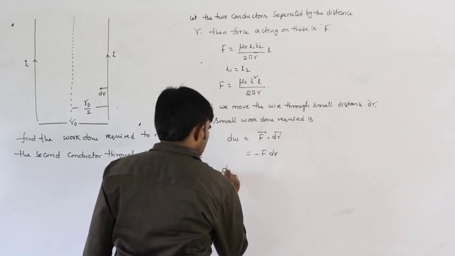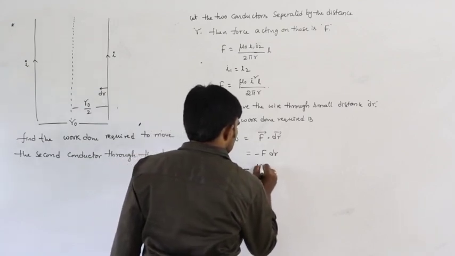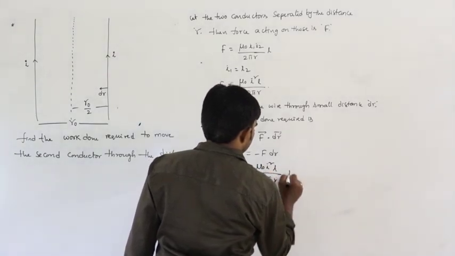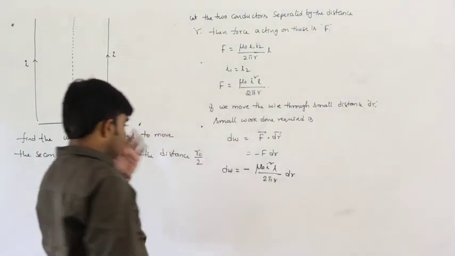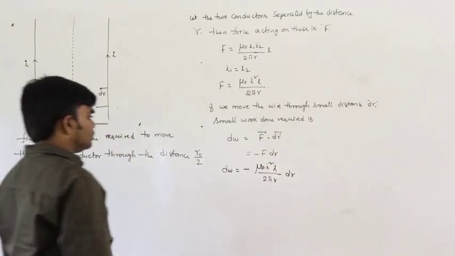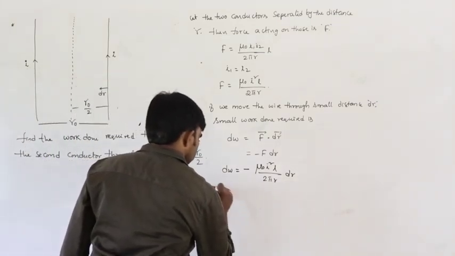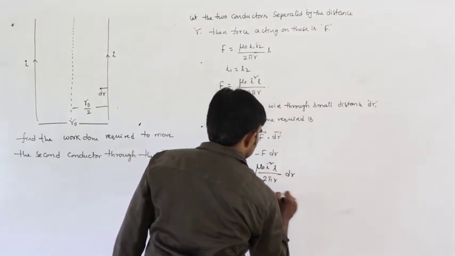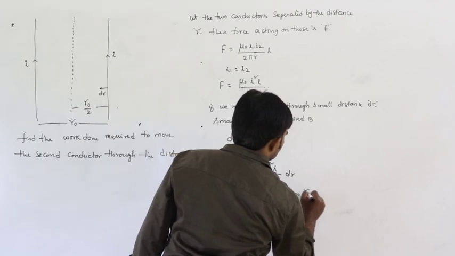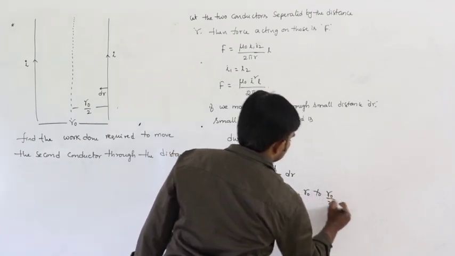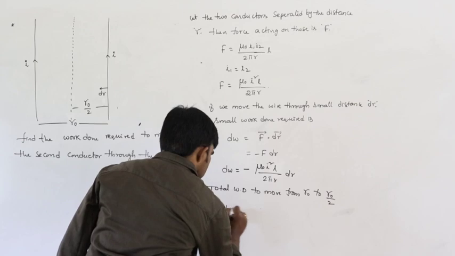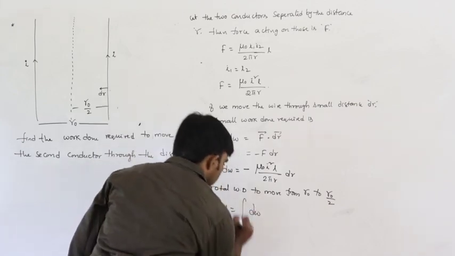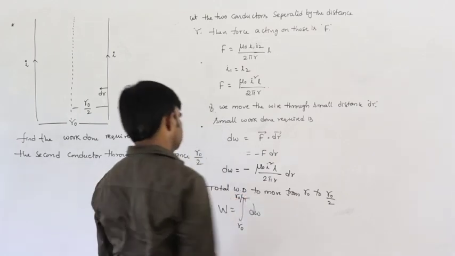So dW is equal to minus mu naught I square L by 2 pi r dr. Then the total work done to move from r0 to r0 by 2: W is equal to the integral of dW between the limits r0 to r0 by 2.